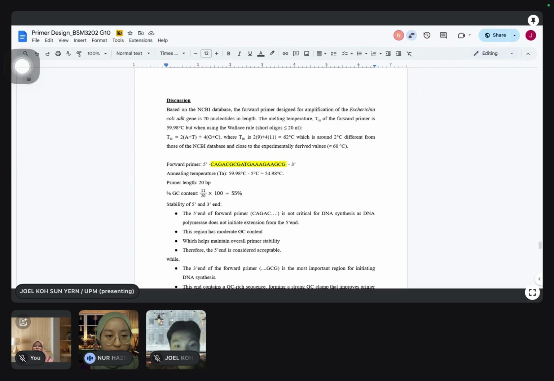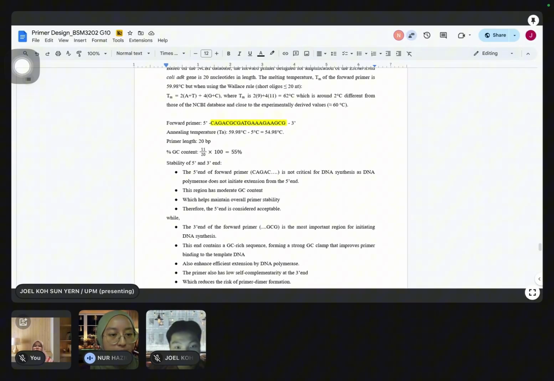And then for the stability of the 5 prime and 3 prime ends of the forward primer, the 5 prime end is CAGAC. It is not critical for DNA synthesis as DNA polymerase does not initiate extension from the 5 prime end, but instead initiates at the 3 prime end.